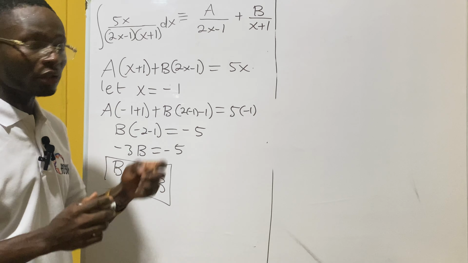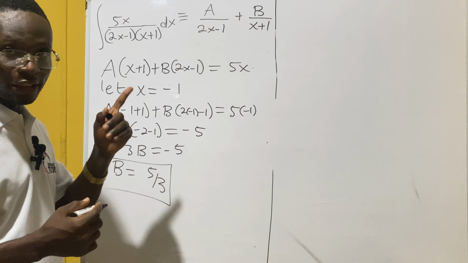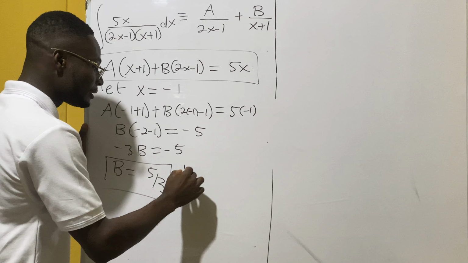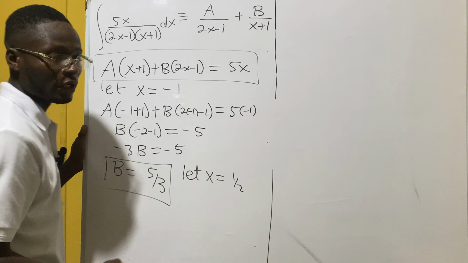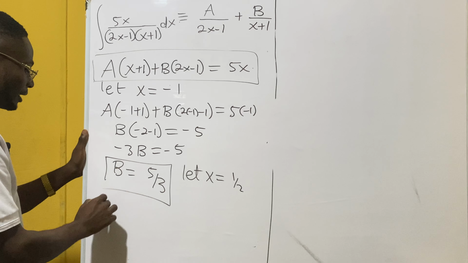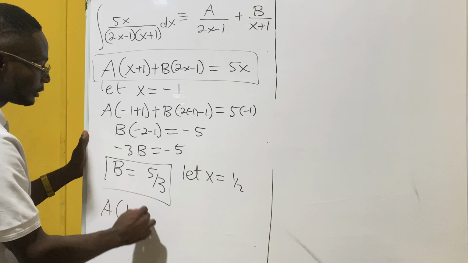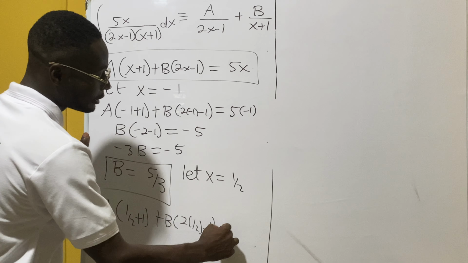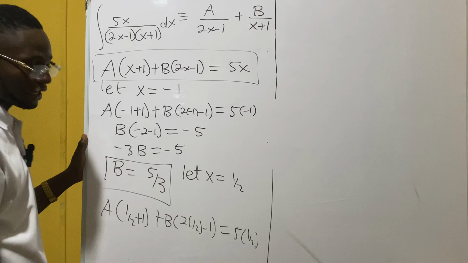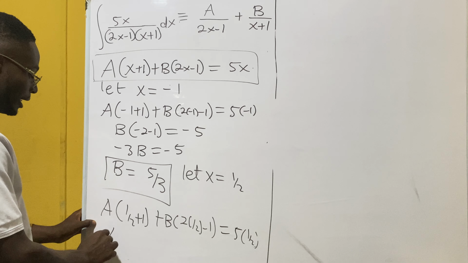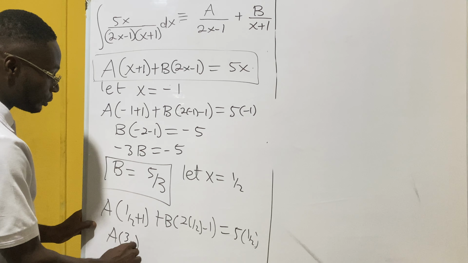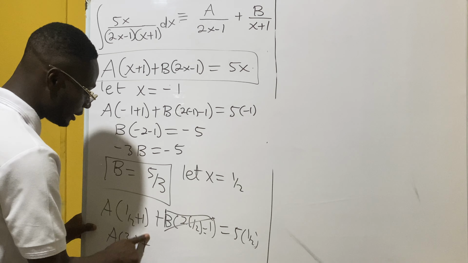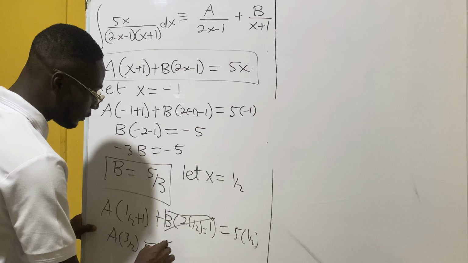Let's go ahead and plug x equals half into the equation. If x equals half, then we have A into half plus 1 plus B into 2 into half minus 1, that's equal to 5 into half. So we have A into 3 on 2 plus, this part goes to 0, equals 5 on 2.